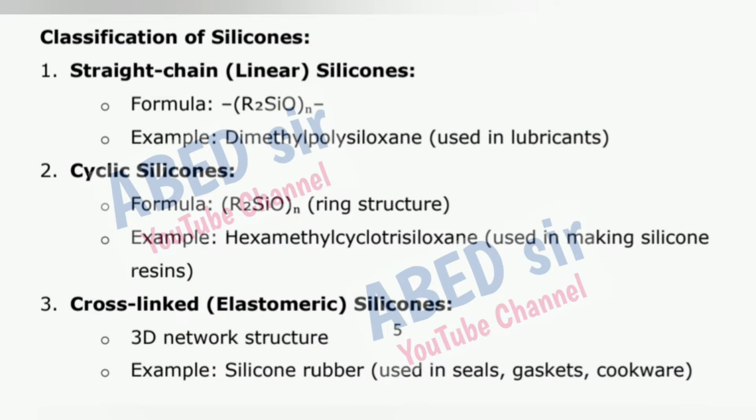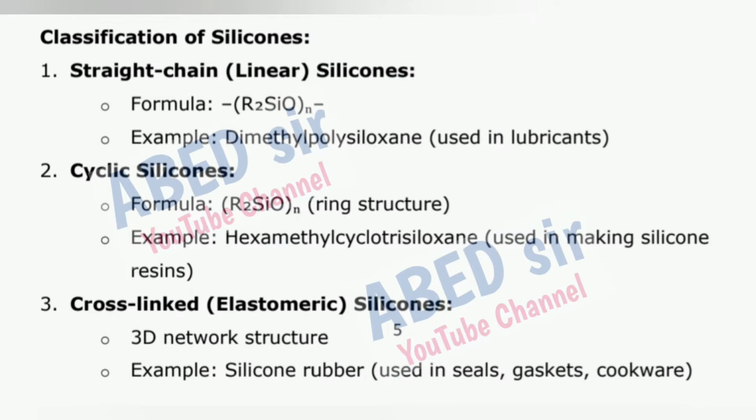Classification of silicones. 1. Straight chain, linear, silicones. Example, dimethyl polysiloxane, used in lubricants. 2. Cyclic silicones, with a ring structure. Example, hexamethylcyclotrisiloxane, used in making silicone resins. 3.